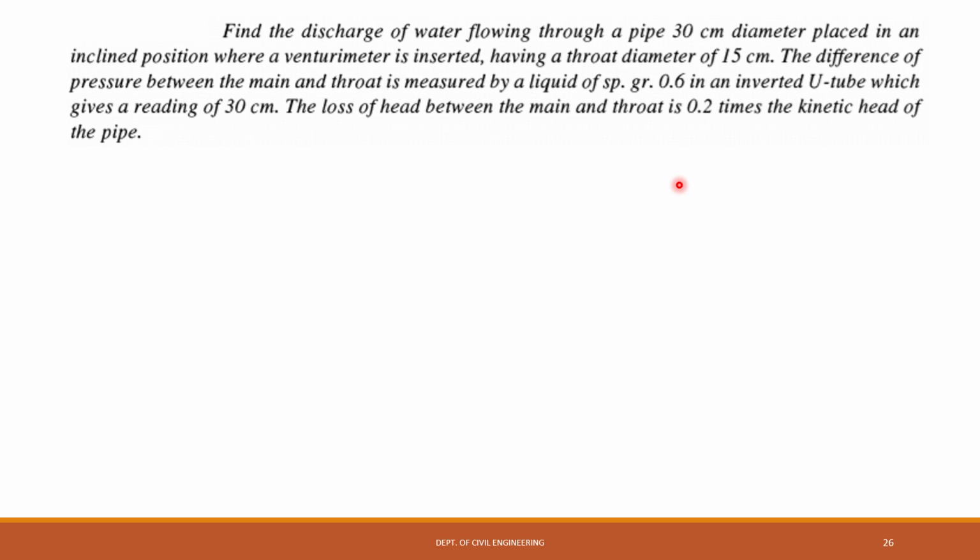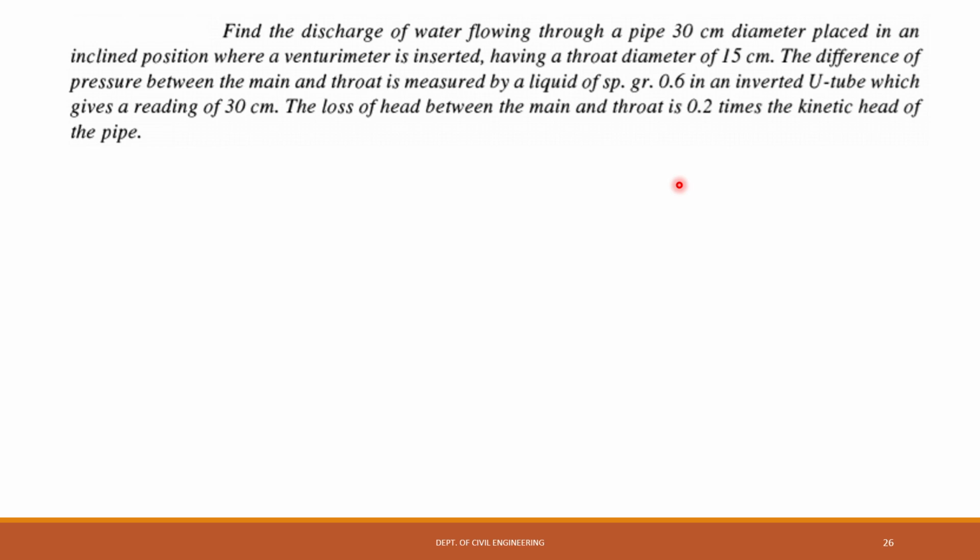In the pipe you have water, and inside the manometer you have a liquid of specific gravity 0.6. Which is heavier? Water is heavier. So in this case, in the manometer you have a lighter fluid than the flowing fluid.